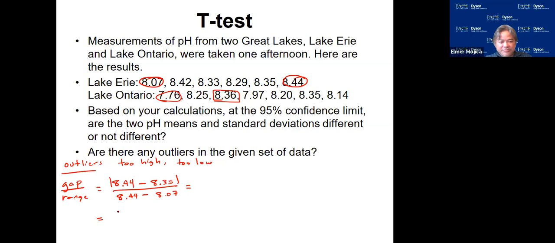So the other one would be 8.07 minus, what's the closest to 8.07? 8.29, divided by the range. So what do we get there?